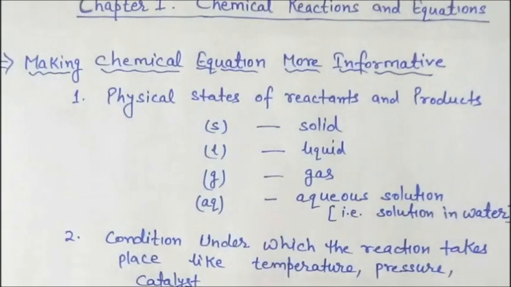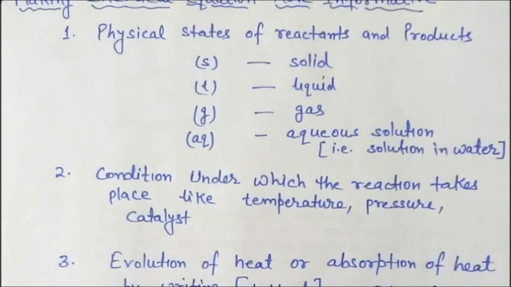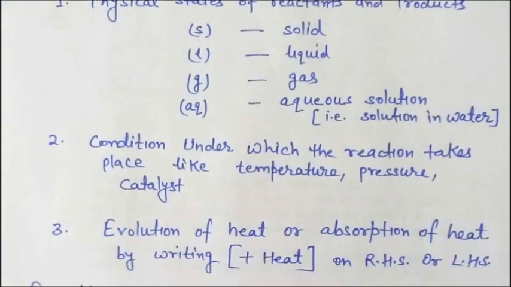Number 2, conditions under which the reaction takes place, like temperature, pressure, catalyst, can be written above or below the arrow in a chemical reaction. Number 3, evolution of heat or absorption of heat by writing plus heat on the right hand side or left hand side of a chemical equation.